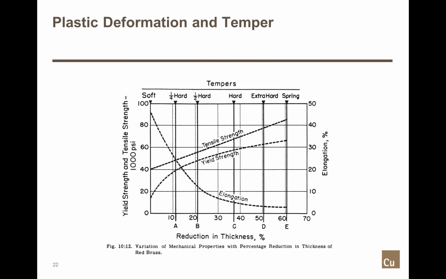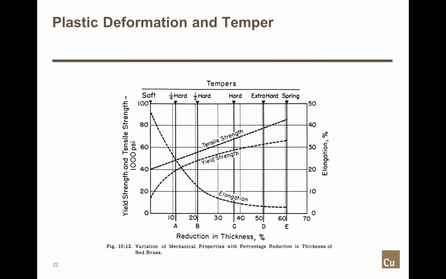Quarter hard, half hard, hard. The tempers are on this diagram, and they're noted at the top. Soft, there's no real temper there. But on the far right, you see on the top, on the bottom is a corresponding reduction in thickness in percent.